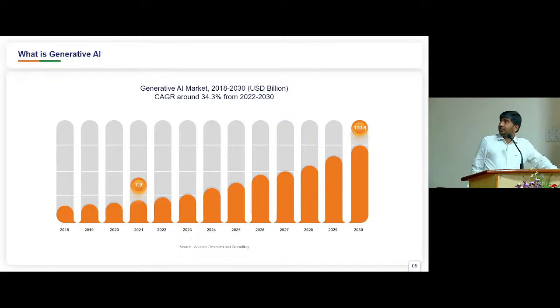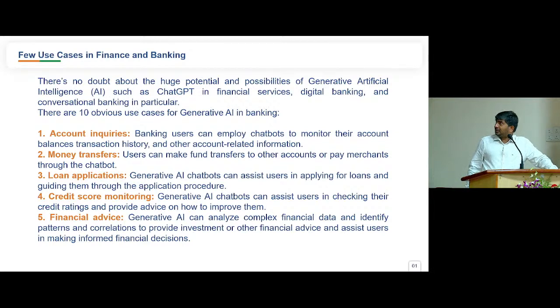A lot of potential in the market, is what I want to say. So let us look at where this can change the banking sector. The ChatGPT model you know about, in fact, the chatbots, can automate a lot of functionalities in the banking sector: account inquiries, money transfers, simple applications, the loan application, credit score monitoring, and financial advice.